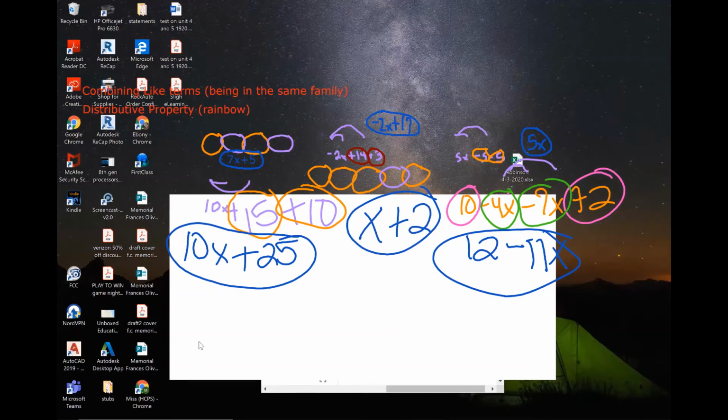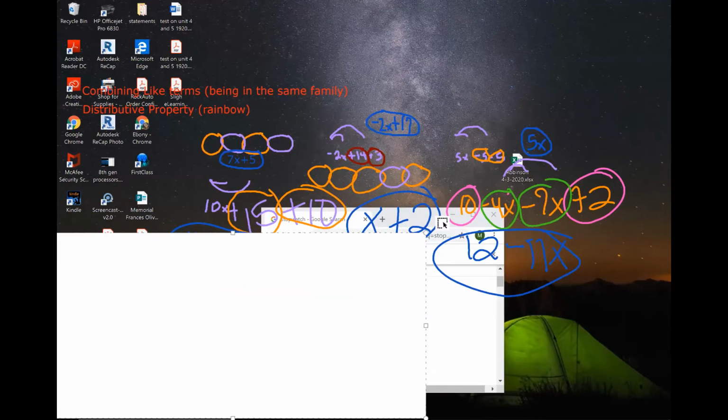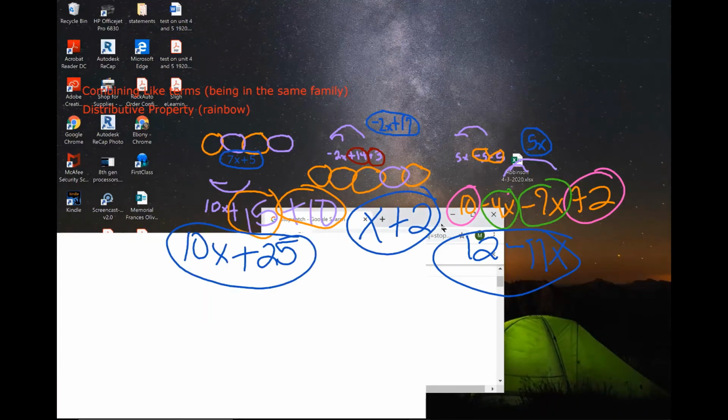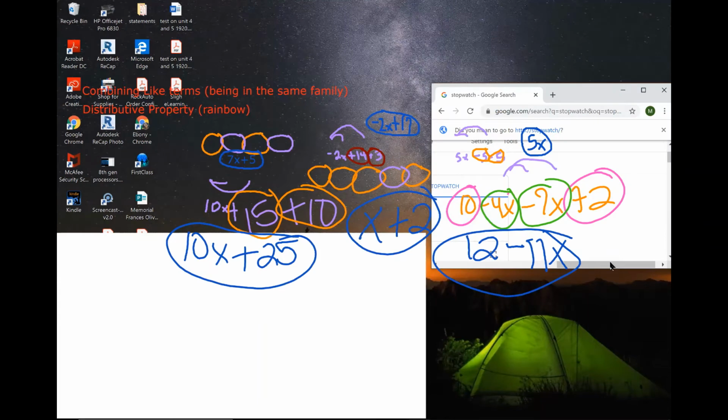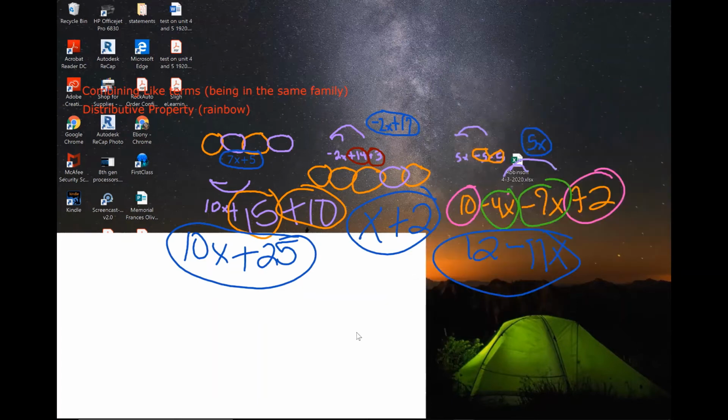I've run into an issue. Come on, timer. I lost a lot of time, so it took me 4 minutes to do those problems. Probably would have gone faster, but because of all of my moving around on this computer, it's taking me a little longer, but about 4 minutes.